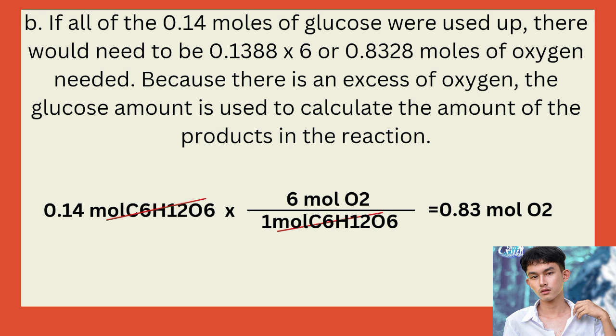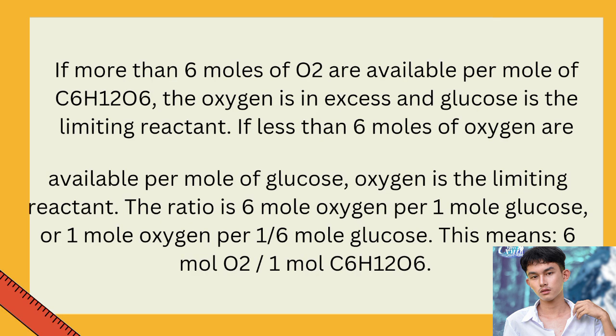If more than 6 moles of oxygen are available per mole of glucose, oxygen is in excess and glucose is the limiting reactant. If less than 6 moles of oxygen are available per mole of glucose, oxygen is the limiting reactant.